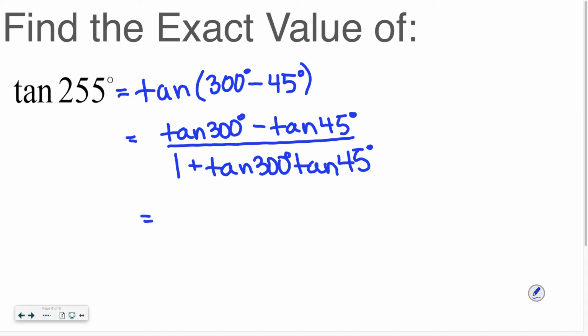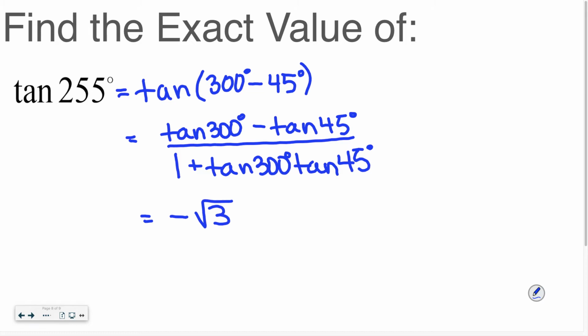What is the tangent of 300? Well, that would be the radian measurement. Negative radical 3. Any of the 60-degree reference angles are going to have a tangent of radical 3.